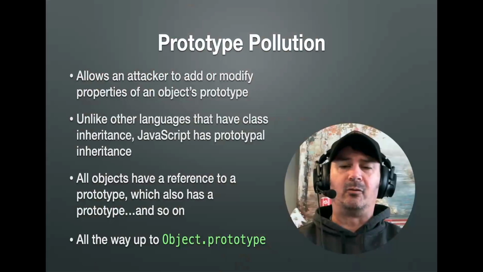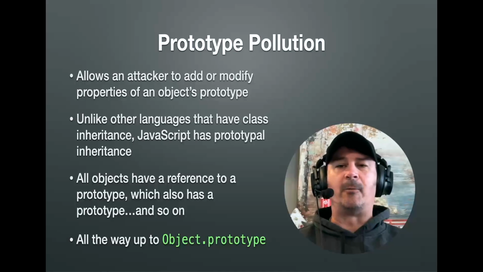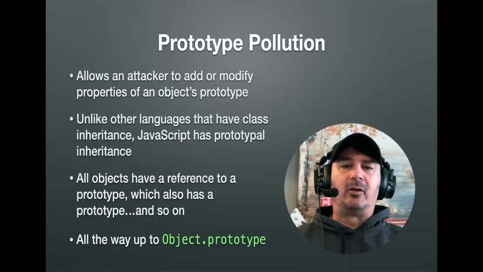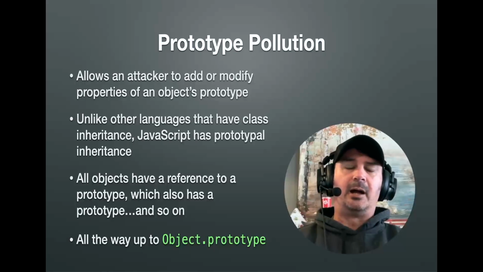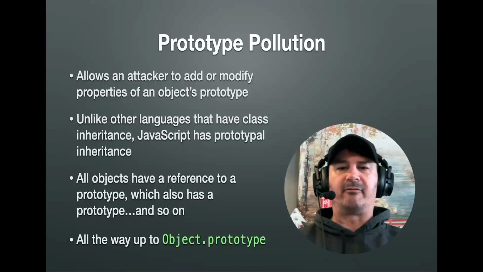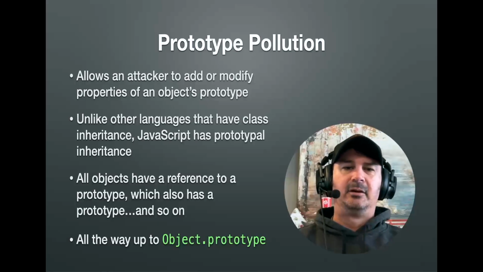Right off the bat, prototype pollution is a vulnerability that allows an attacker to add or modify properties of an object's prototype. In a lot of other languages that you may be familiar with, like Python or Java or C++, objects inherit from a class.